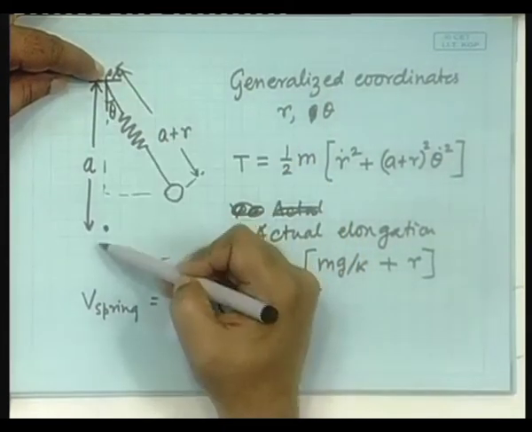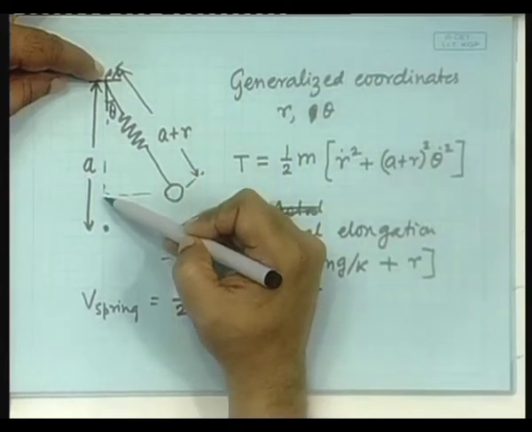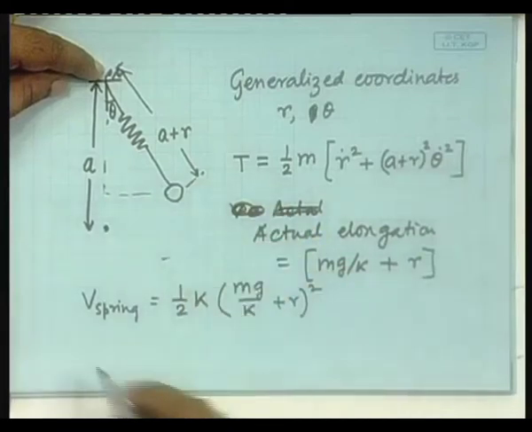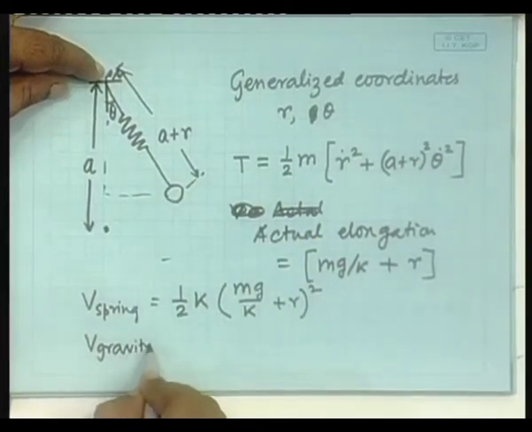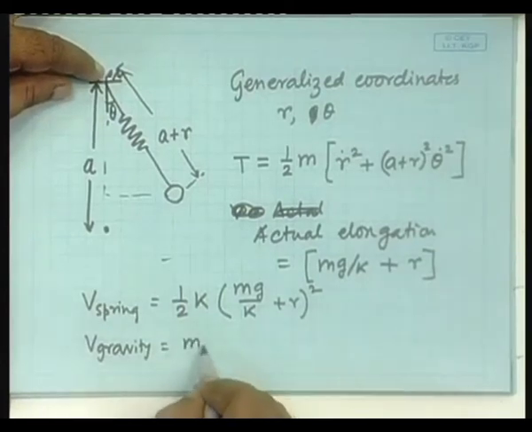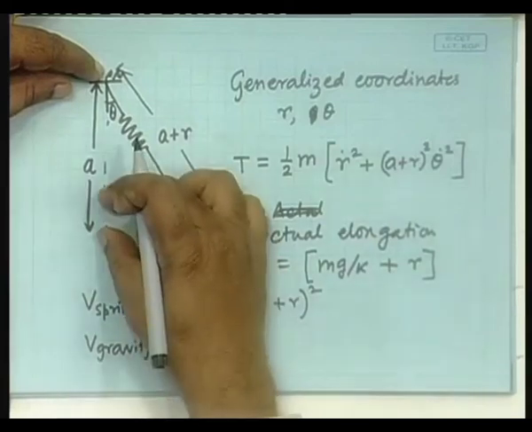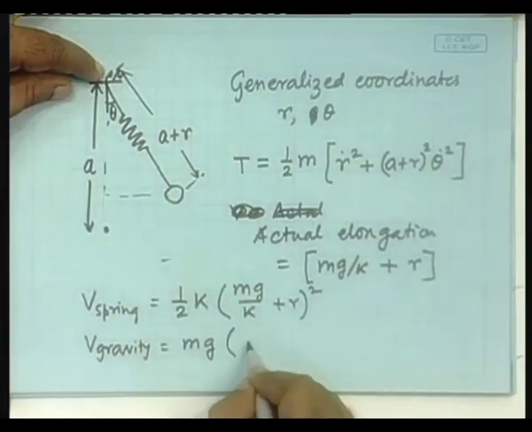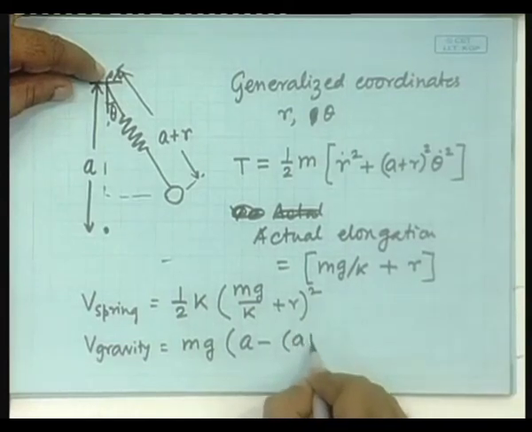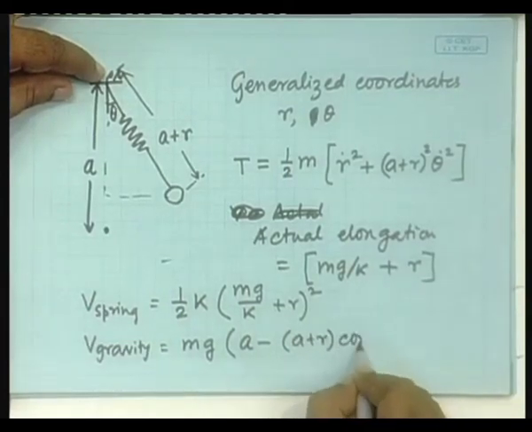So a minus a plus r cos theta is the amount by which it has gone up. So V gravity is mg times this amount, which is a minus a plus r cos theta.